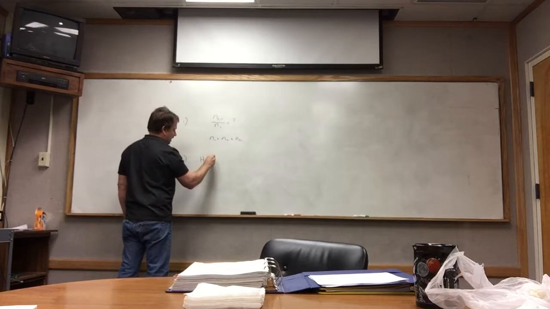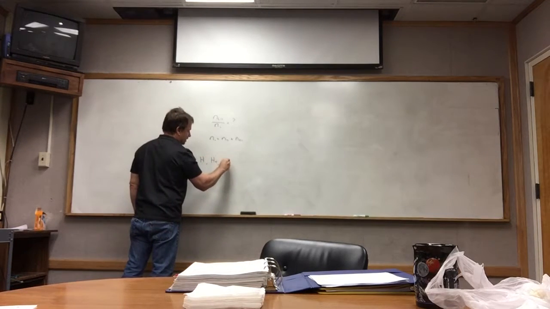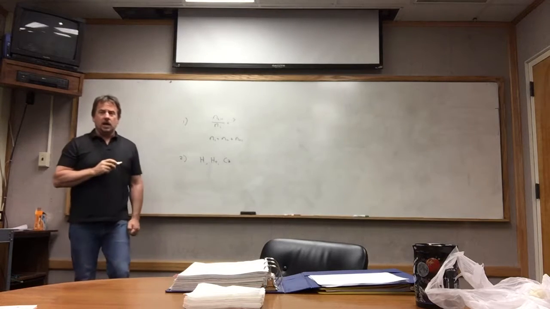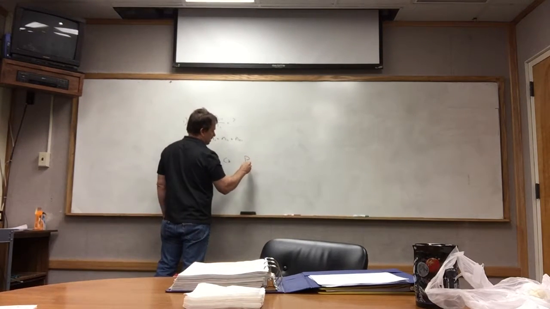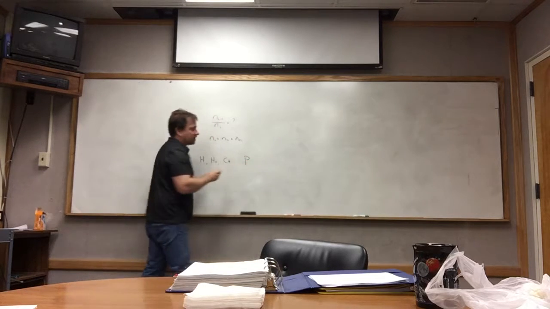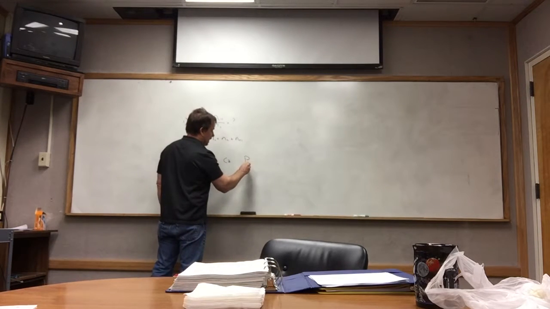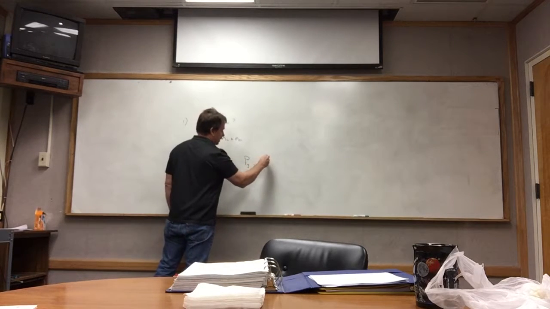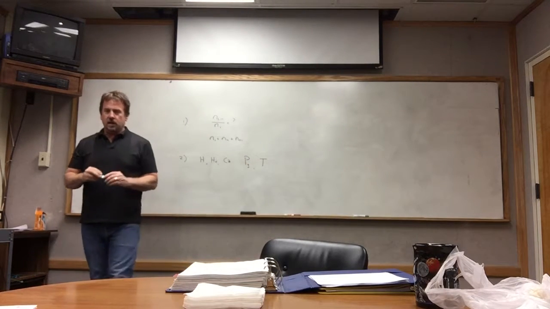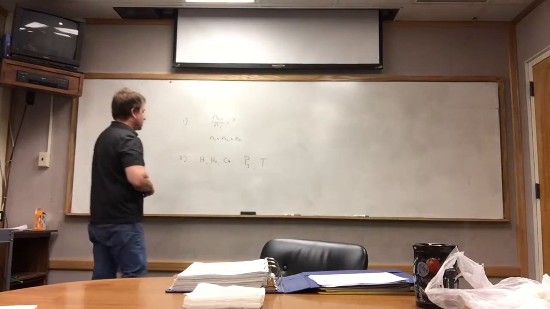Problem 2: hydrogen, helium, and calcium in your gas, for which I'm going to give you a total gas pressure. I do believe the other thing I give you is T. Fixed T, fixed gas pressure.